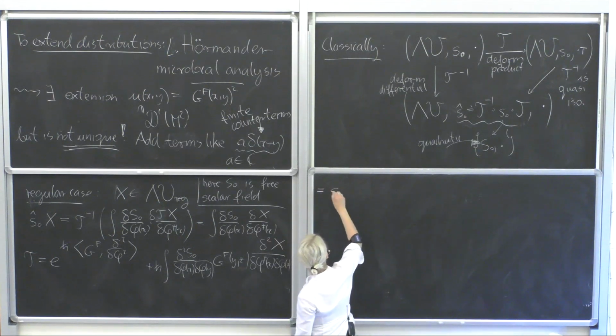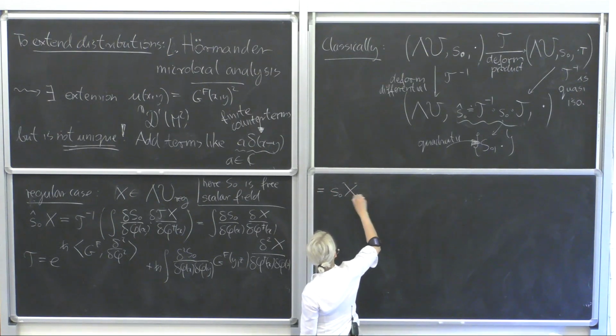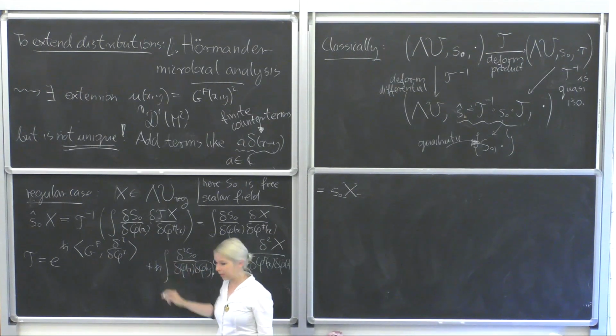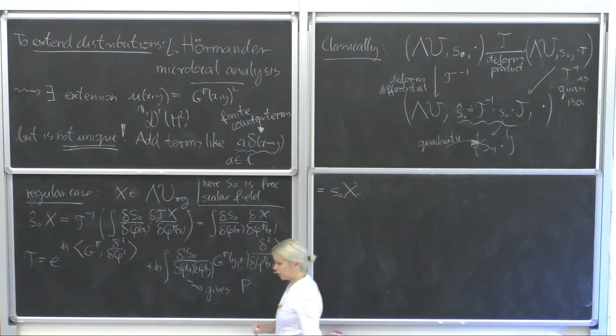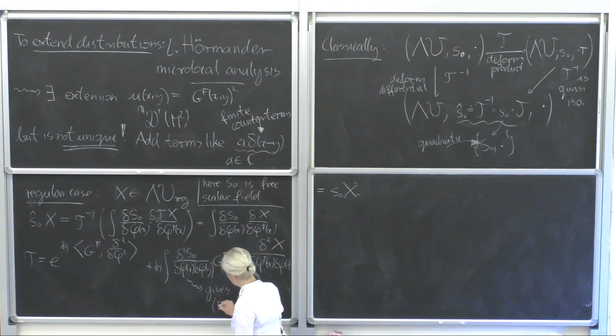So let's start with the first term. And then in the second term, this gives us P. So this is the equations of motion operator.